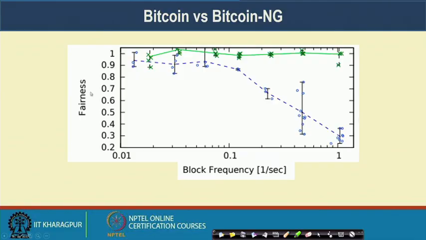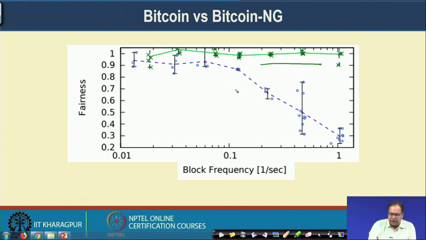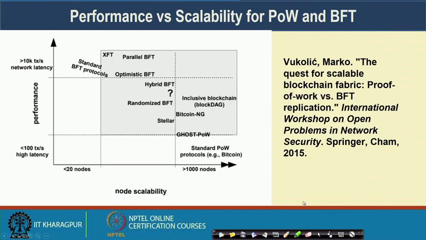By doing that, the fairness measure for Bitcoin NG is significantly higher compared to standard Bitcoin. In standard Bitcoin, as you increase the block frequency, your fairness drops significantly, but the Bitcoin NG protocol always maintains a fairness value close to 1. That means it always tries to maintain fairness in the system by avoiding forks in the consensus protocol. So, that is all about Bitcoin NG.